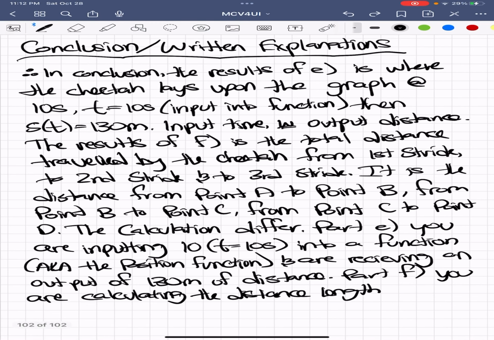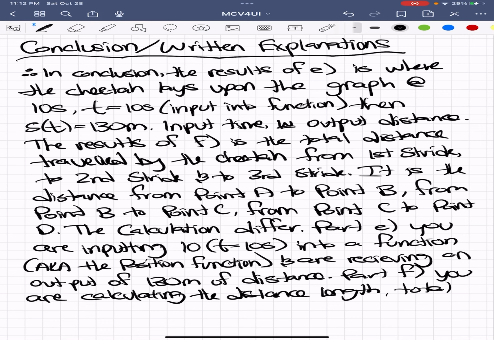The distance length, the total distance traveled by the cheetah.